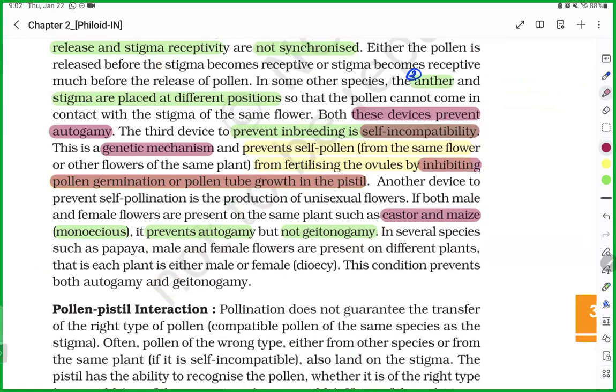Why? Because there are so many criteria you have to fulfill. I'll tell you the basic thing. If I am Sihmar, I can't marry any Sihmar girl because in a far relation, she is my sister.